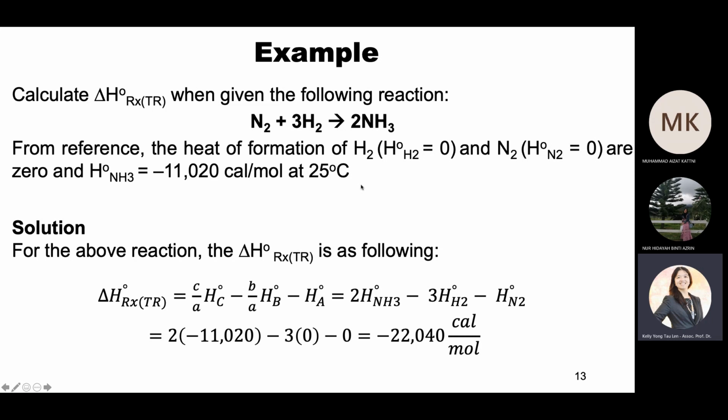Okay, so just additional information, kalau kamu perasan why hydrogen gas dengan nitrogen gas heat of formation dia 0 at 25 Celsius, because nitrogen gas dengan hydrogen gas ni exist naturally at 25 Celsius sebagai hydrogen gas and nitrogen gas, meaning kalau dia wujud secara semula jadi, there's no heat needed either supplied or released untuk membentuk bahan tu pada 25 Celsius.